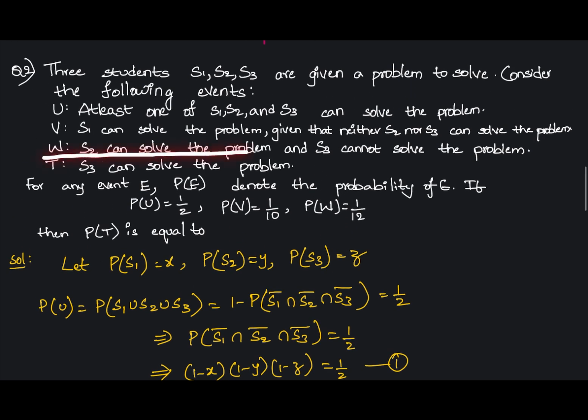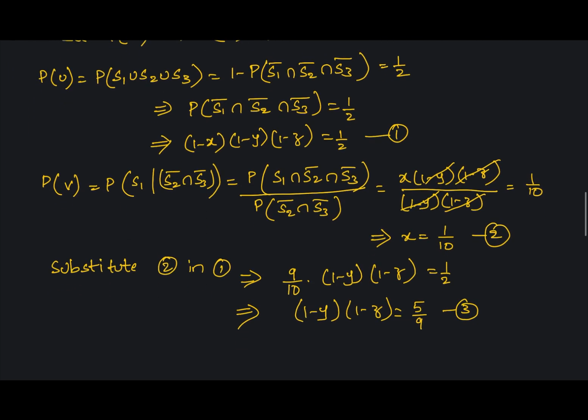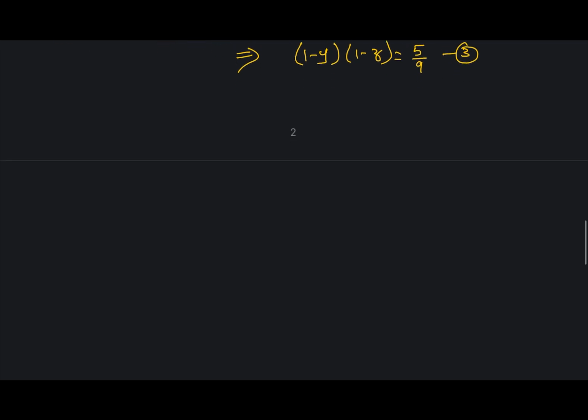And now coming to event W, wherein S2 can solve the problem and S3 cannot. And the probability of W is 1 by 12.